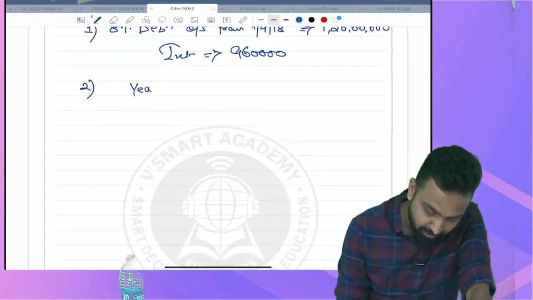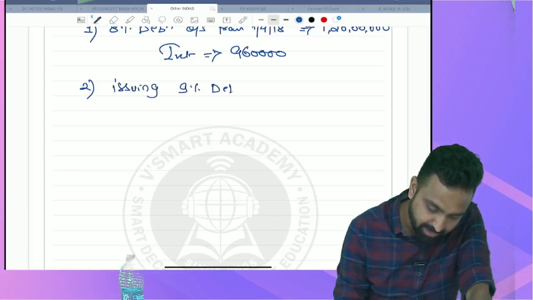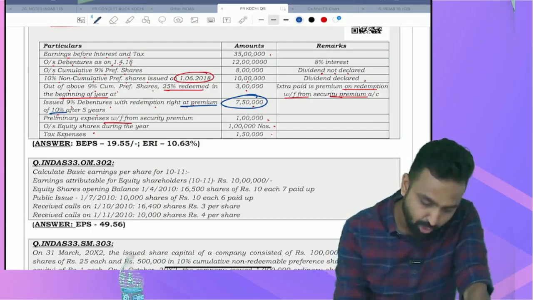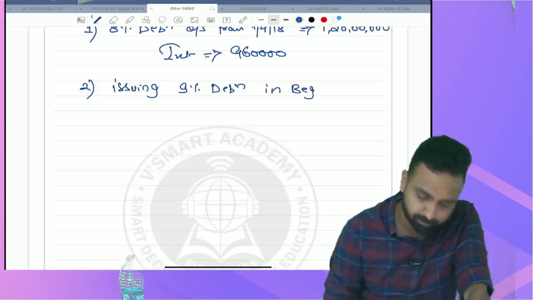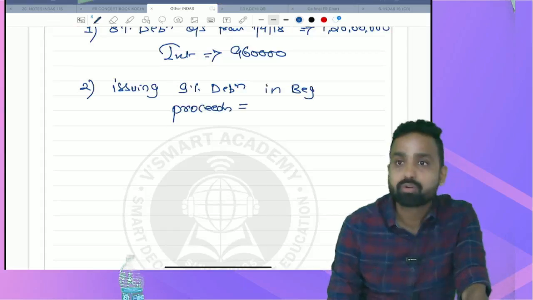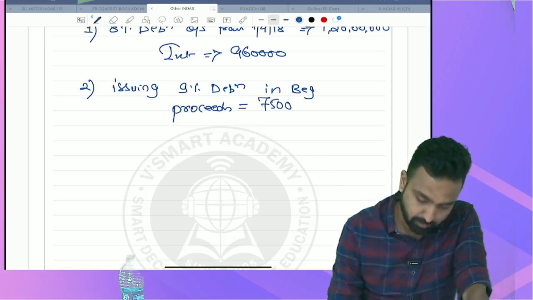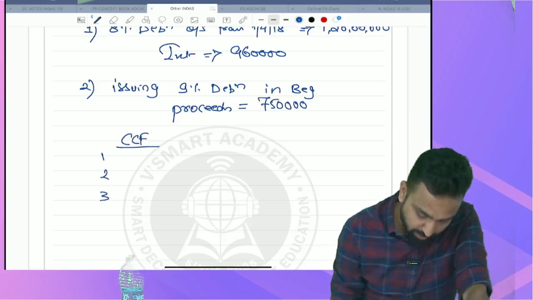Because you are issuing 9% debentures in the beginning. What are the proceeds? Proceeds 750. What is the CCF? Contractual cash flow 1, 2, 3, 4, 5.